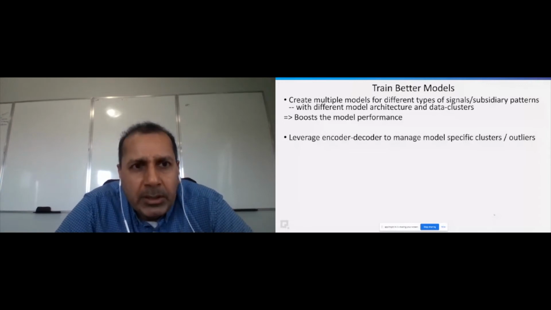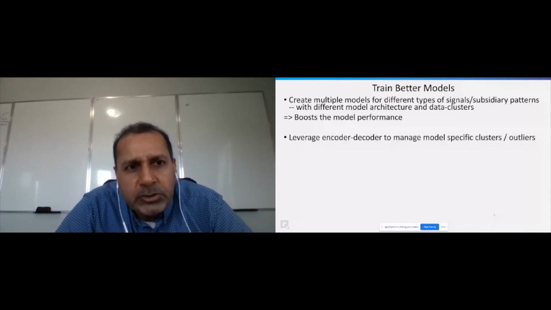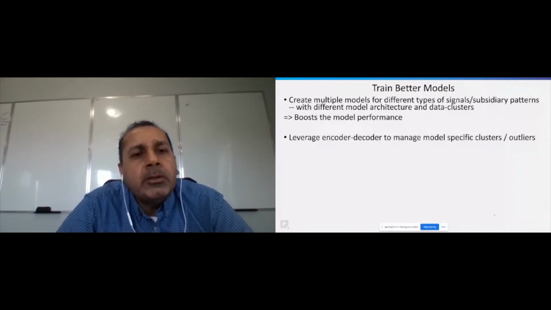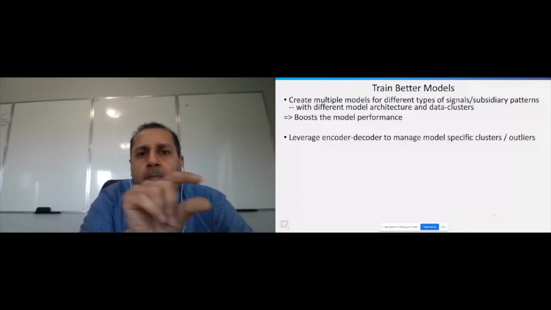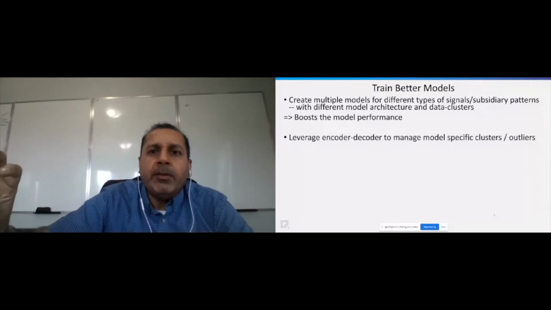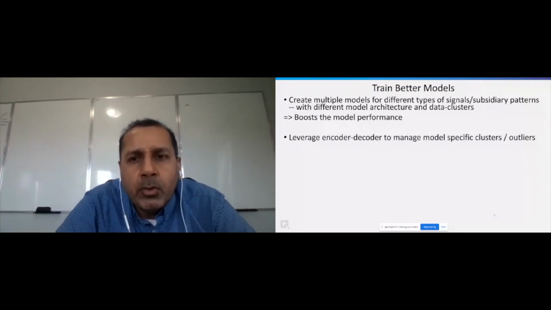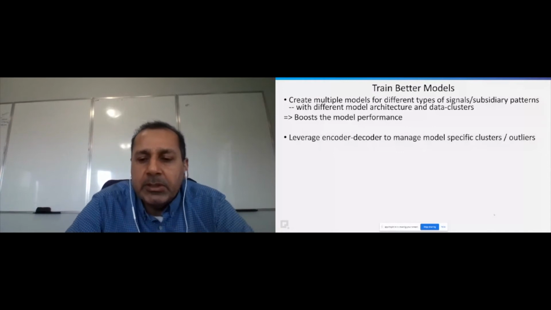In this sophisticated approach, we don't take the input data and throw it into the autoencoder-decoder. We take an intermediate model output layer and we throw that into an encoder-decoder, which gives us model-specific clusters and outliers and noise.